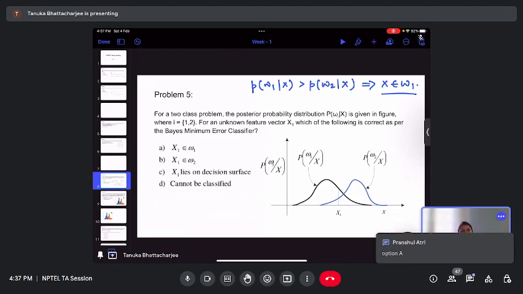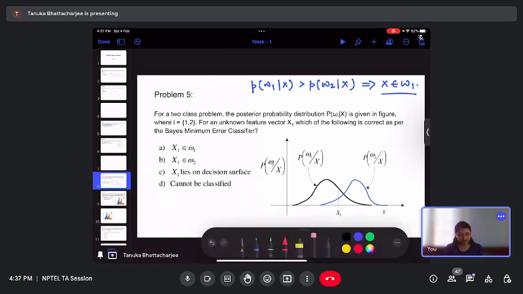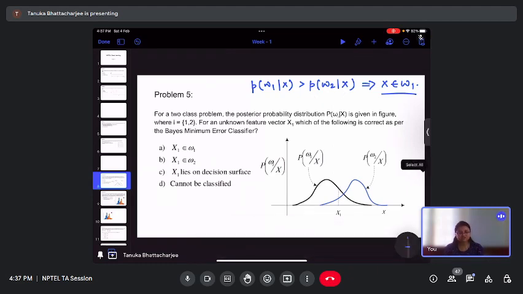There is a chance of error there, but that is the minimum. So this is the error: the chance that the feature actually belongs to omega 2, but you are classifying it to omega 1, and this probability is minimum in this case. So this is called the minimum error classifier, because the error probability is minimum.